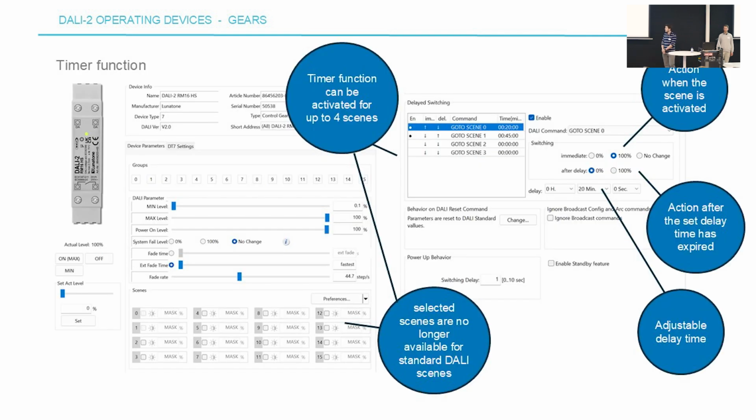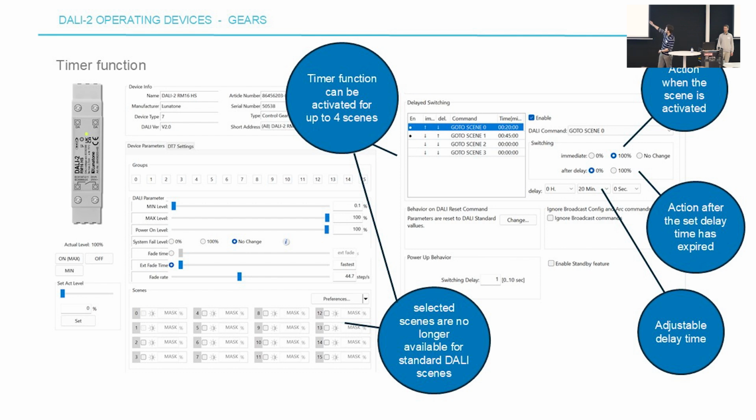So here you see the timer function is here on the top. You can activate it by one of 4 scenes, and if you use the timer function, then the normal scenes are no longer available for the normal DALI use.